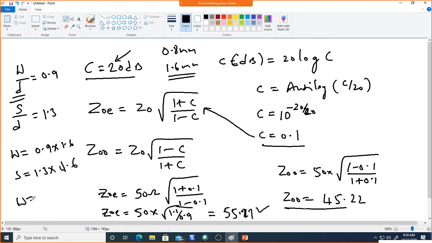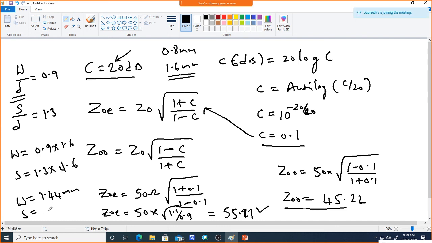Now calculate in terms of mm, what is W? Is it 1.44 mm? Calculate and just confirm whether it is 1.44, and similarly you can do the spacing also.